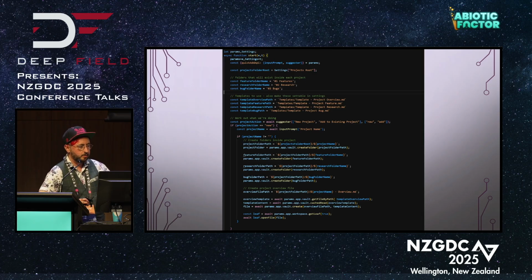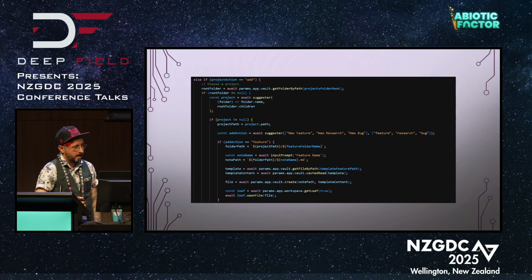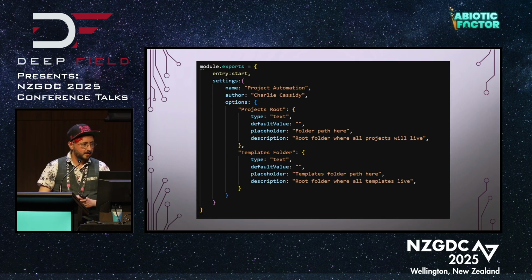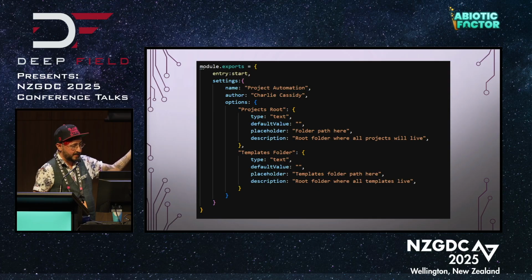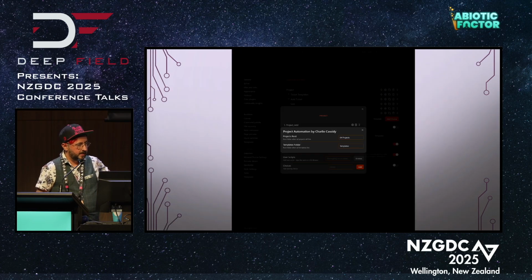Do you want to add to an existing project? Do you want to create a new project? Stuff like that. And you can also have associated settings, so you don't have to hard code everything. Some of that was hard coded, but I just haven't gotten around to fixing that. I will. And that's what the settings look like.